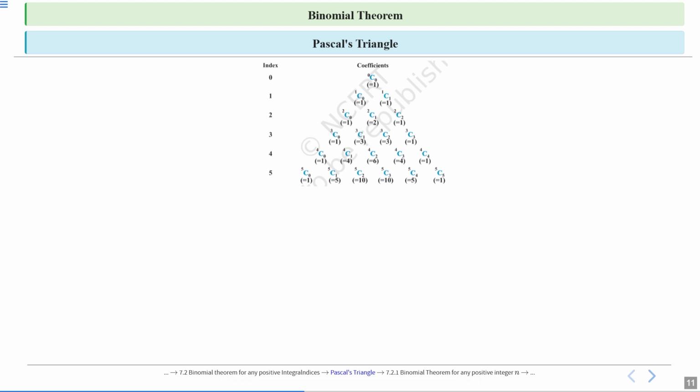Here let's see how we write the fifth row of Pascal's triangle. The numbers are 1, 5, 10, 10, 5, 1. These coefficients are very important because we can use them to find the expansion of x plus 5 raised to the fifth power. Here we have written it in terms of combinations.